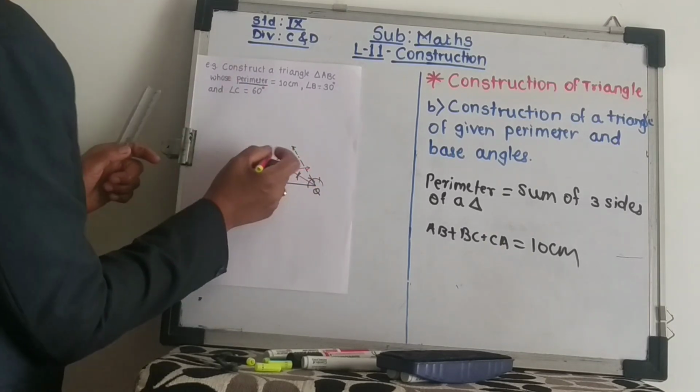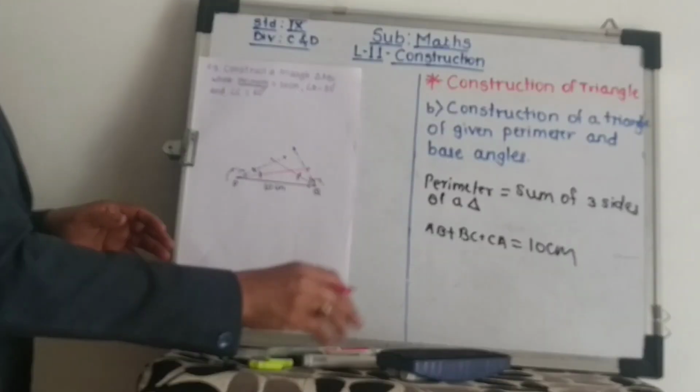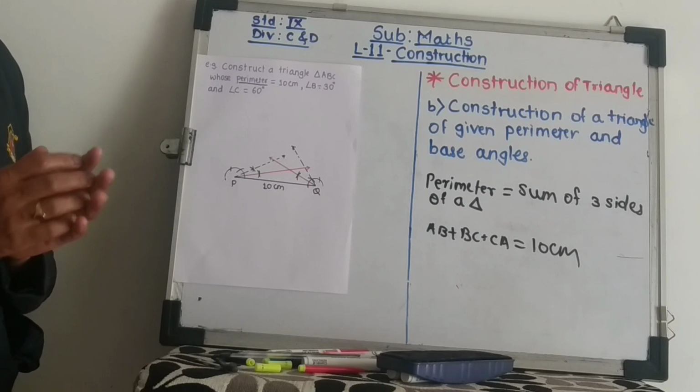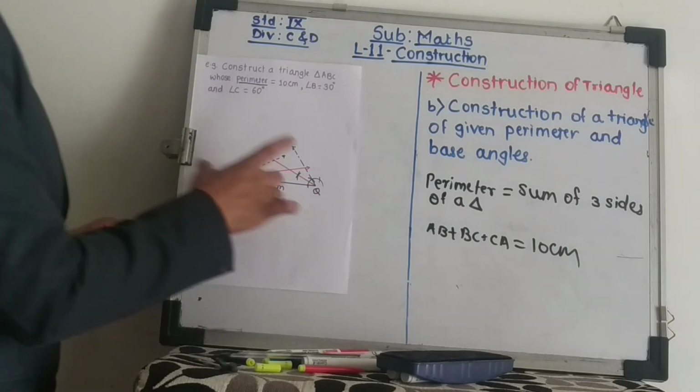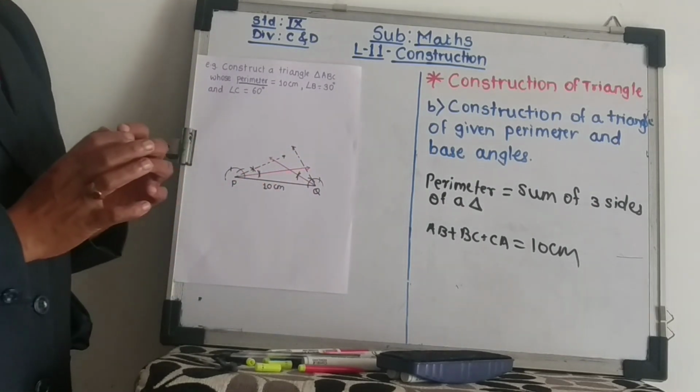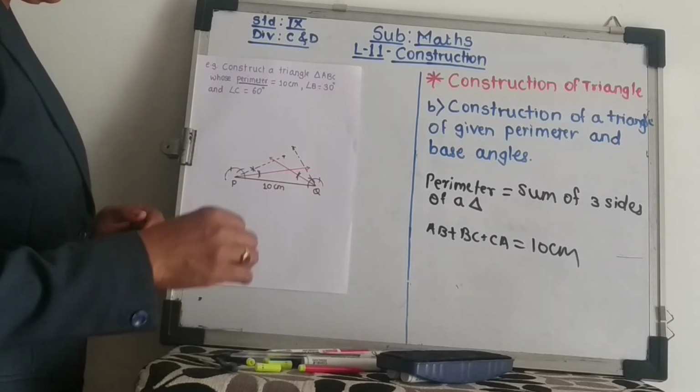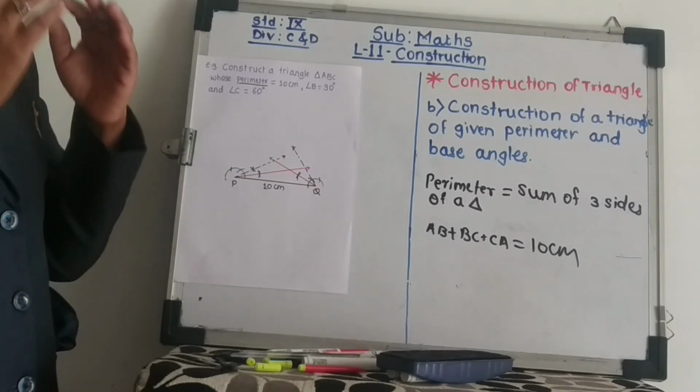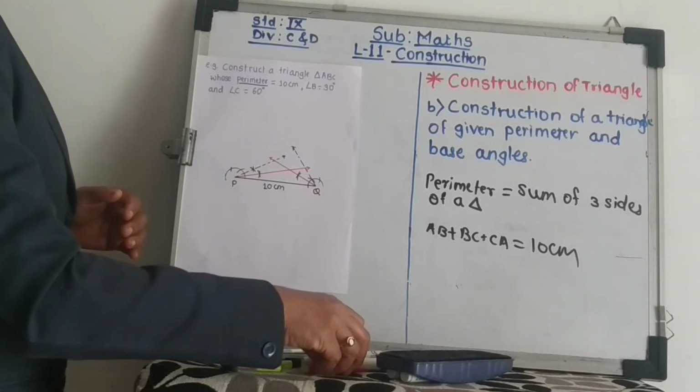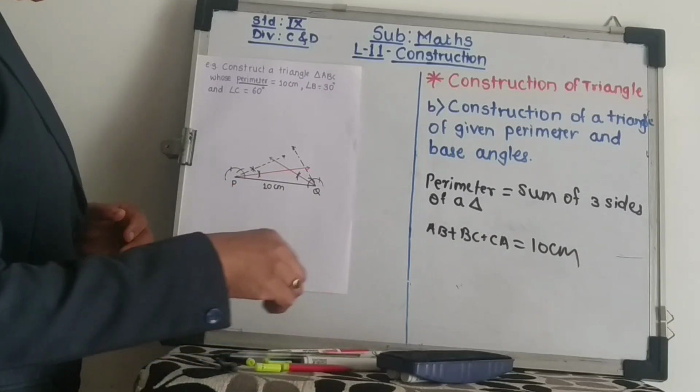Now the next step is what? Whatever angle bisectors we have drawn, those we are going to bisect, meaning their segments we are going to bisect.